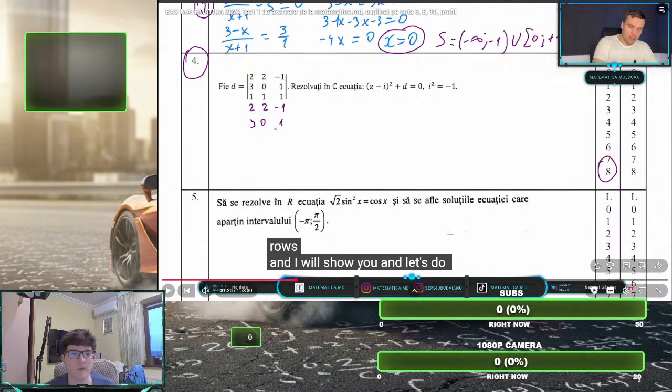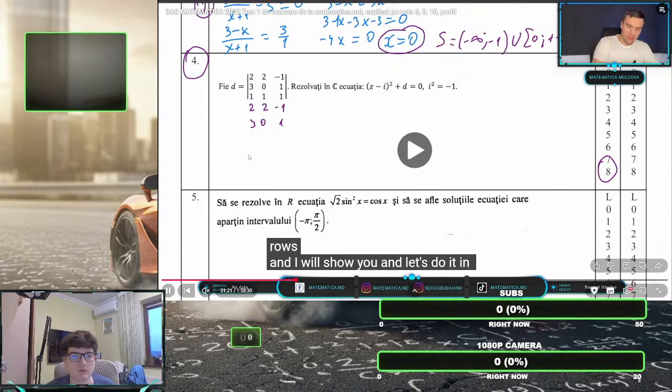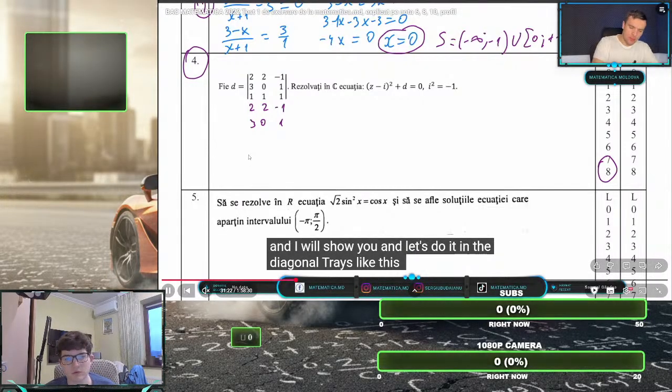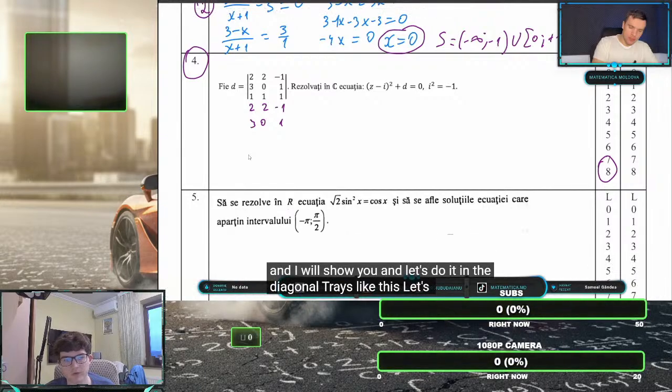Okay, so once you've done that, I think we multiply, and then the value that you would get to put instead of z, something like that. So I think it's like a diagonal.